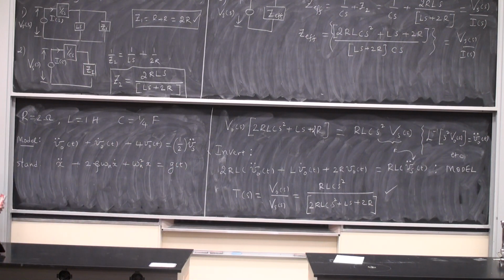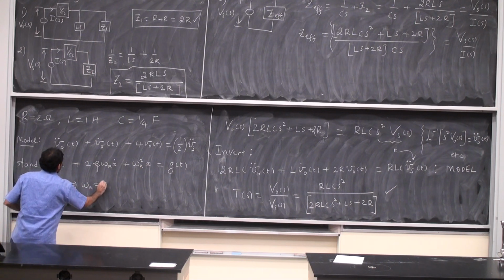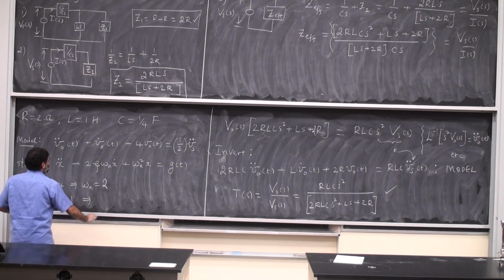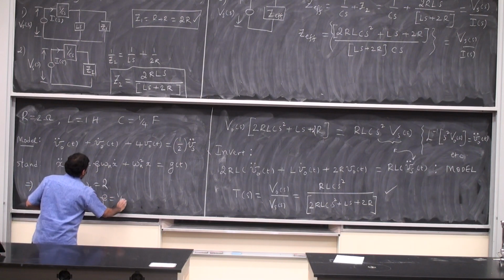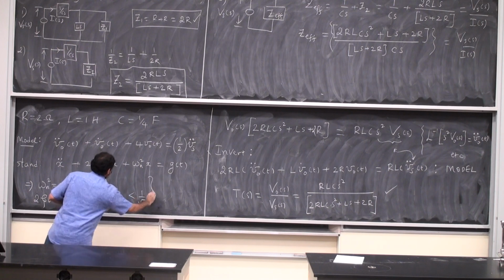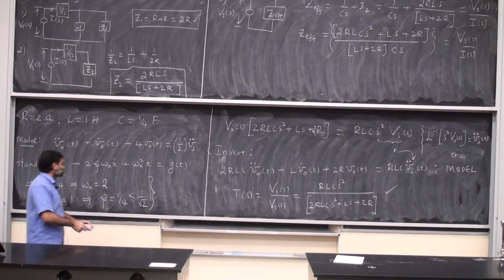This is a second order system, so obviously on inspection omega n squared is 4, which means omega n is 2, and then 2 zeta omega n is 1, which means zeta is 1/4, which is less than 1/√2, which is less than 1 obviously.